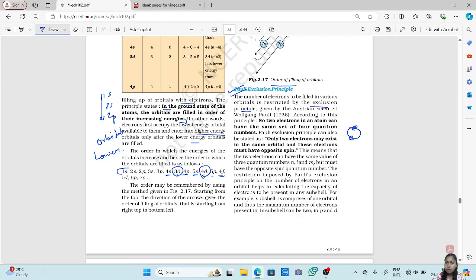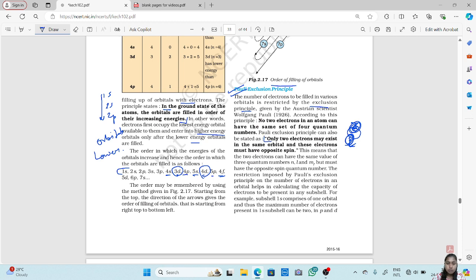If one is spinning in one direction, the other should spin in the opposite direction. One should have a clockwise spin, and the other an anti-clockwise spin.